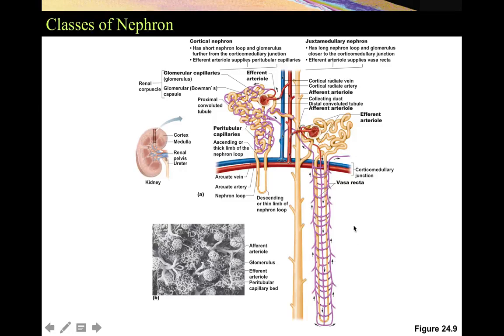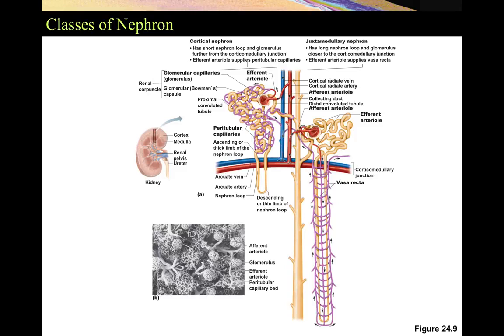These nephrons are called juxtamedullary nephrons, for the junction of the medulla. They are extremely important for the production of concentrated urine when your body is limited in water, or you're dehydrated. Juxtamedullary nephrons are responsible for creating a very concentrated urine.